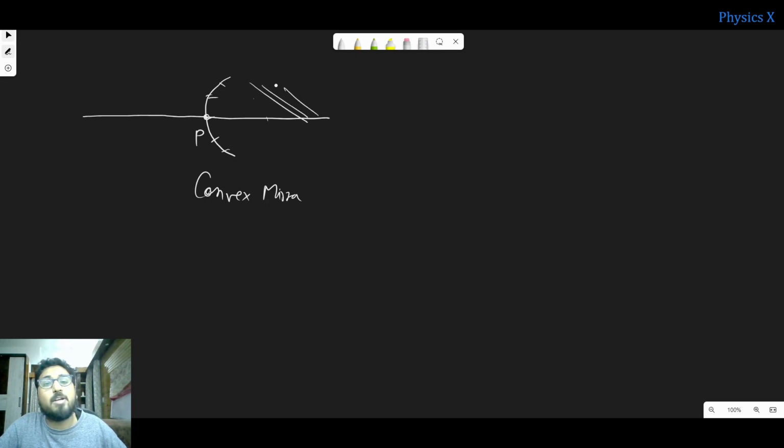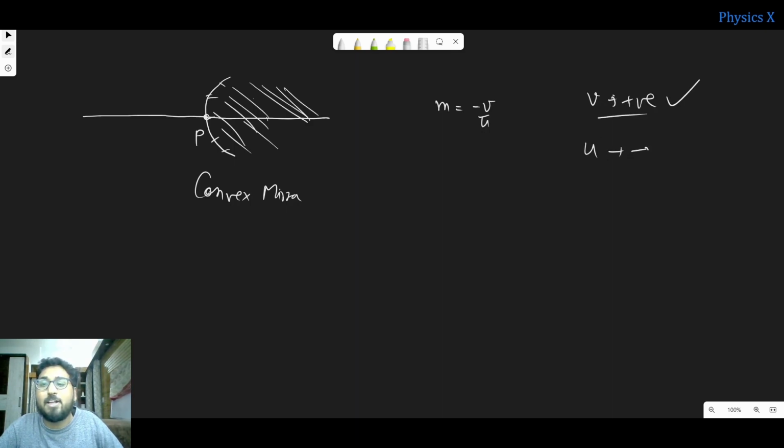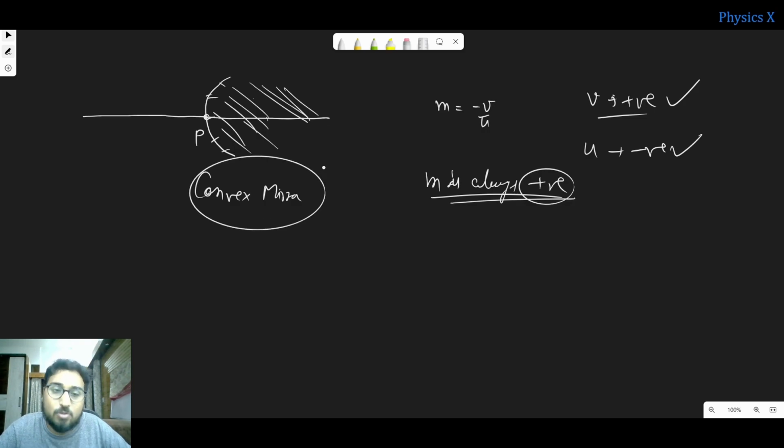So m is equal to minus v by u. V will be positive always and u will be negative always, so one negative gets cancelled and m is always positive. That is why a convex mirror always forms a virtual image.